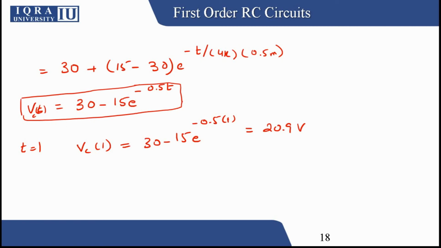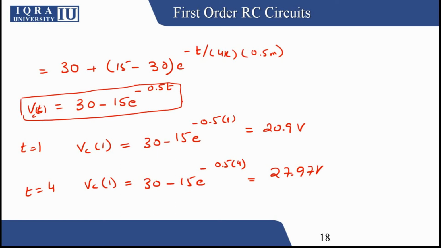If it continues to supply till 4 seconds, then Vc of 4 equals 30 minus 15 e to the power minus 0.5 into 4, equal to 27.97 volts.